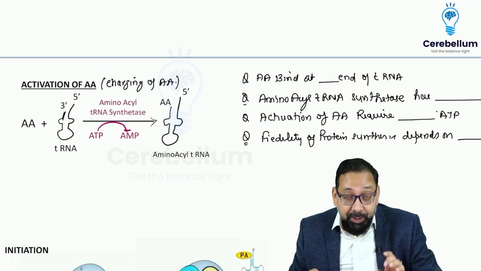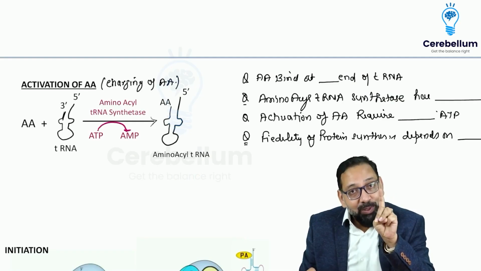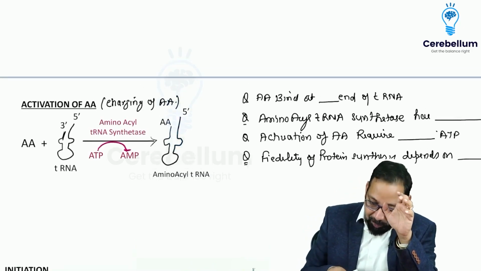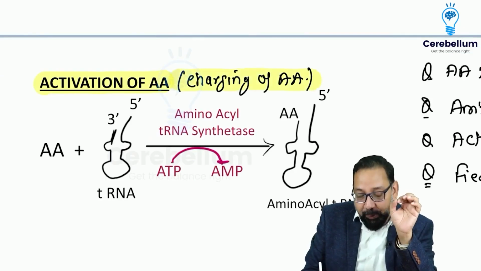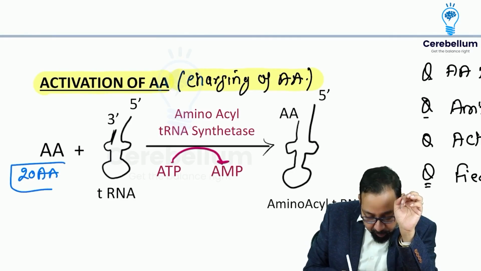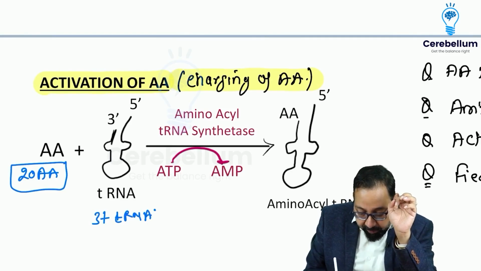Now we come to protein synthesis. In protein synthesis, three steps are there: initiation, elongation, and termination. But before initiation, there is a phenomenon called activation of amino acid or charging of amino acid. We know that there are 20 amino acids which take part in protein synthesis, and there are 31 transfer RNAs present in our cytosol.